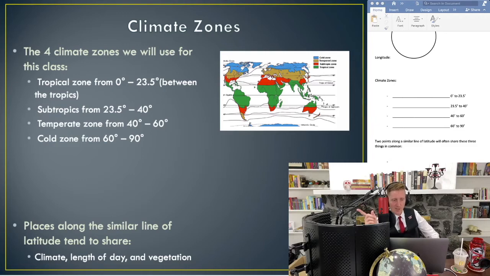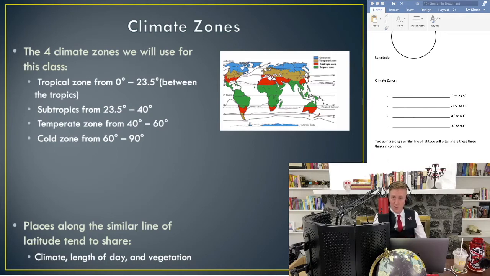And from 0 degrees latitude to 23.5 degrees north and south, we've got the tropics. So anything from 23.5 degrees north to 23.5 degrees south, including 0 in between, all that middle section is the tropical zone. Now from 23.5 to 40 degrees, we've got subtropics. 40 to 60, getting further away from the equator, we've got the temperate zone.